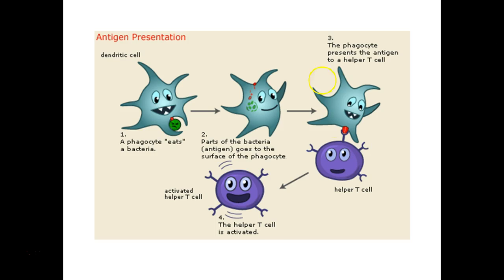And helper T cell can talk to this dendritic cell because he has CD4, right? And he recognizes it, so he's all happy. He becomes activated, right? And he proliferates, right? That's antigen presentation. So now he can go help his buddies.